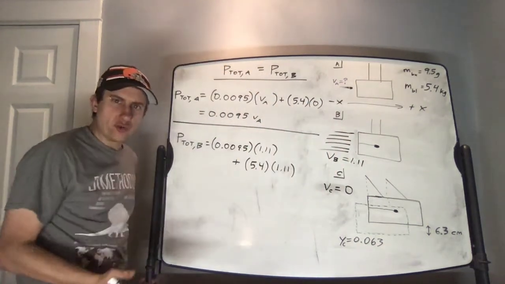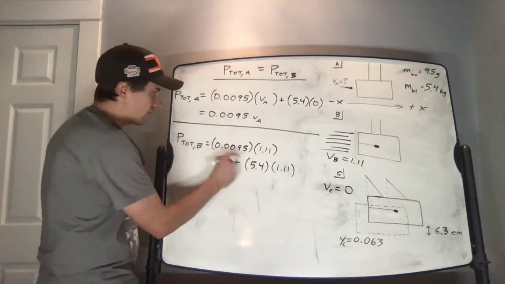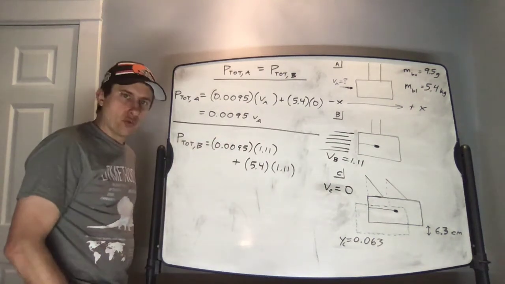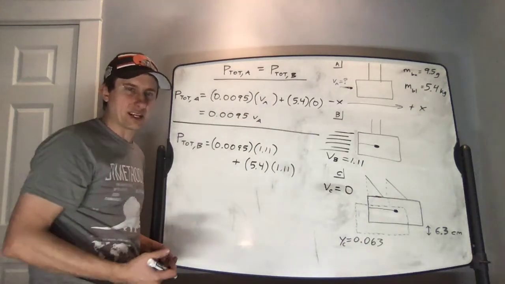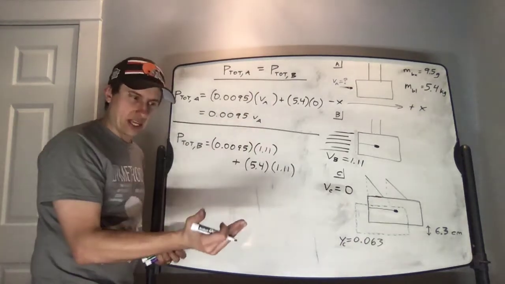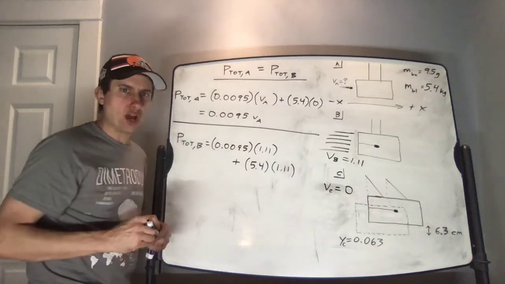If I wanted to, I could have combined these two masses together and written them as a single, more massive object moving with that same velocity. That would be a perfectly okay way to solve this problem as well.